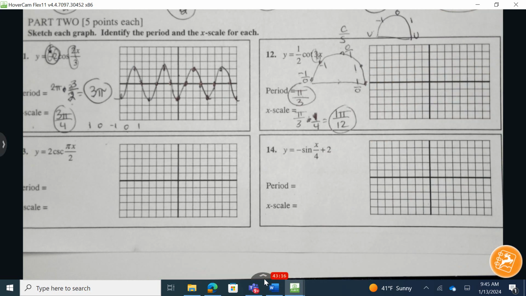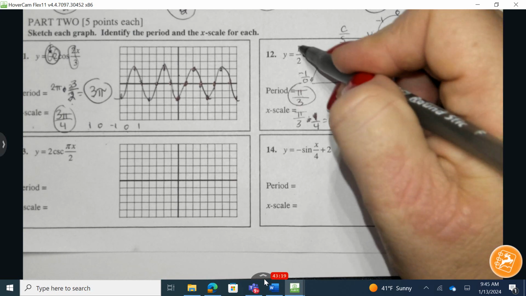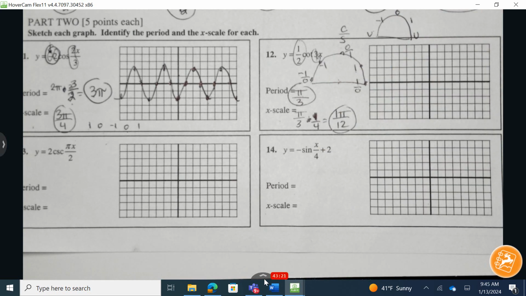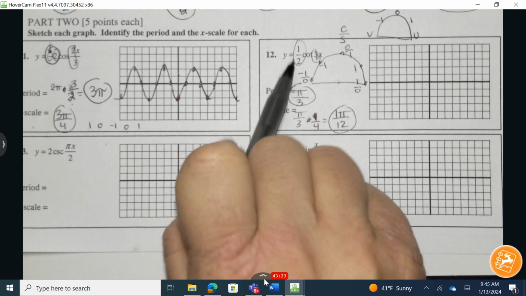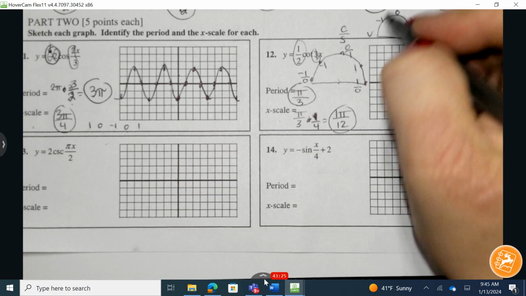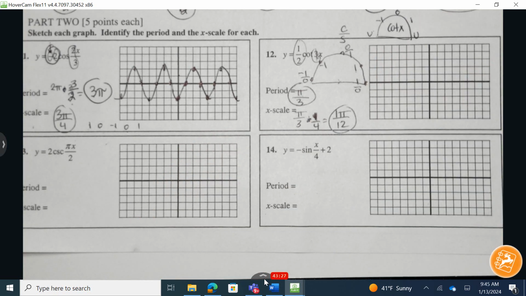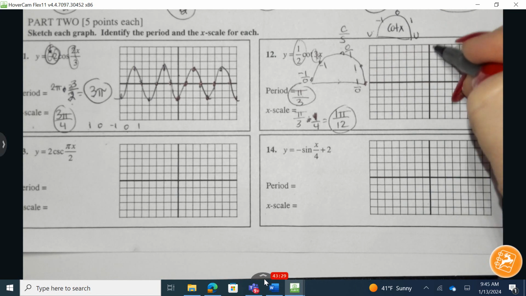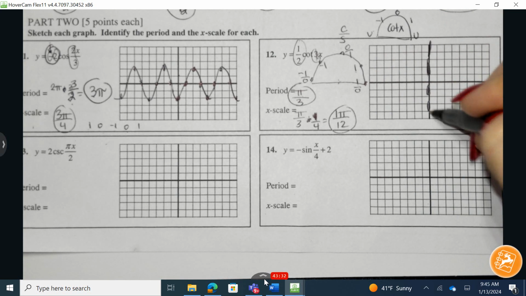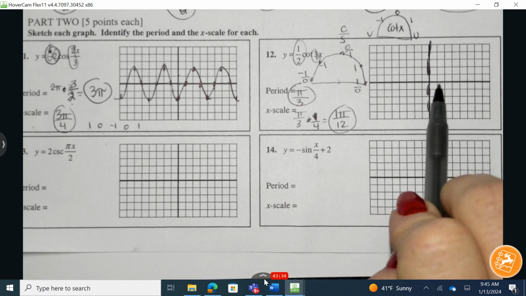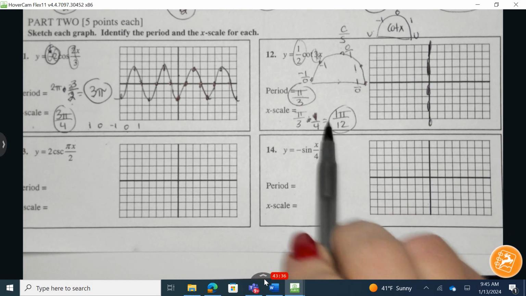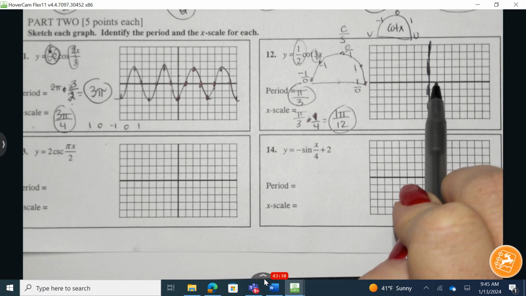So this is for a basic cotangent, but we do have a value up front. So as I graph it, I need to keep in mind that I need to take 1/2 times these output values for the cotangent function. So let's start right here. It's undefined, so I'm going to make my dotted line going down. Then I move 1 step to the right. By the way, that's a distance of 1 pi over 12.